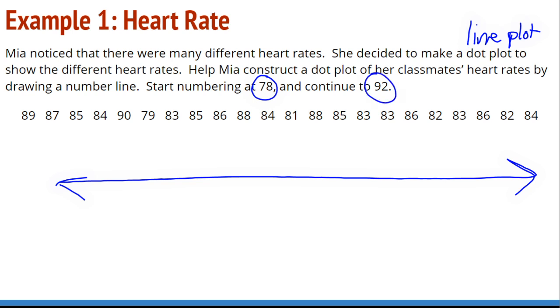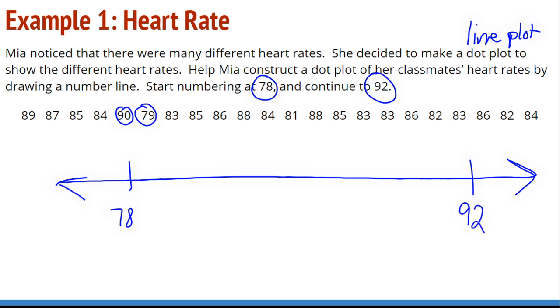If I take a look at the data here, I've got a 79. So 79 is my lowest number, so by putting a 78 here, I'm starting at nothing. And it says go up to 92. Here's a 90. So I've got 78, which is going to be a little bit below, and I've got 92, which is going to be a little bit above the highest.